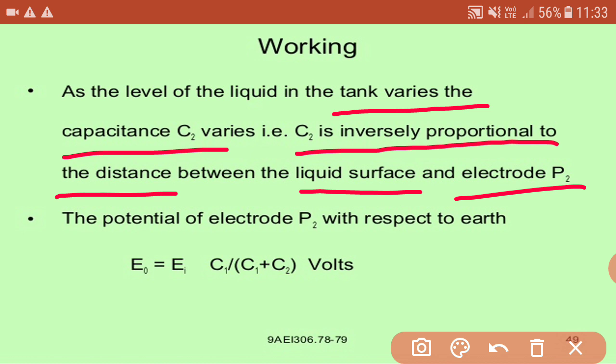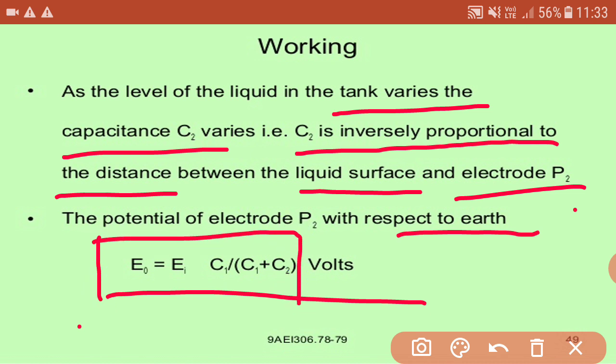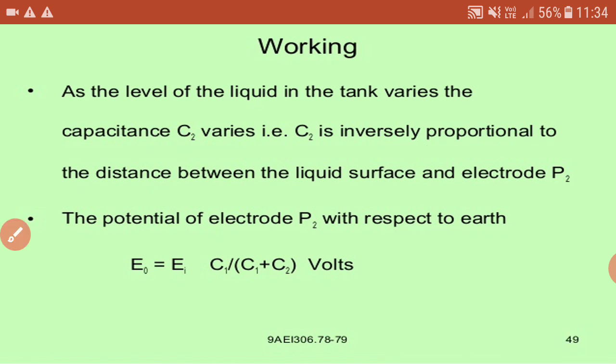The potential of electrode P2 with respect to earth is E0 = Ei × C1/(C1 + C2) volts. Because two capacitors are there, we have to take this formula. So this is the way that we get output.